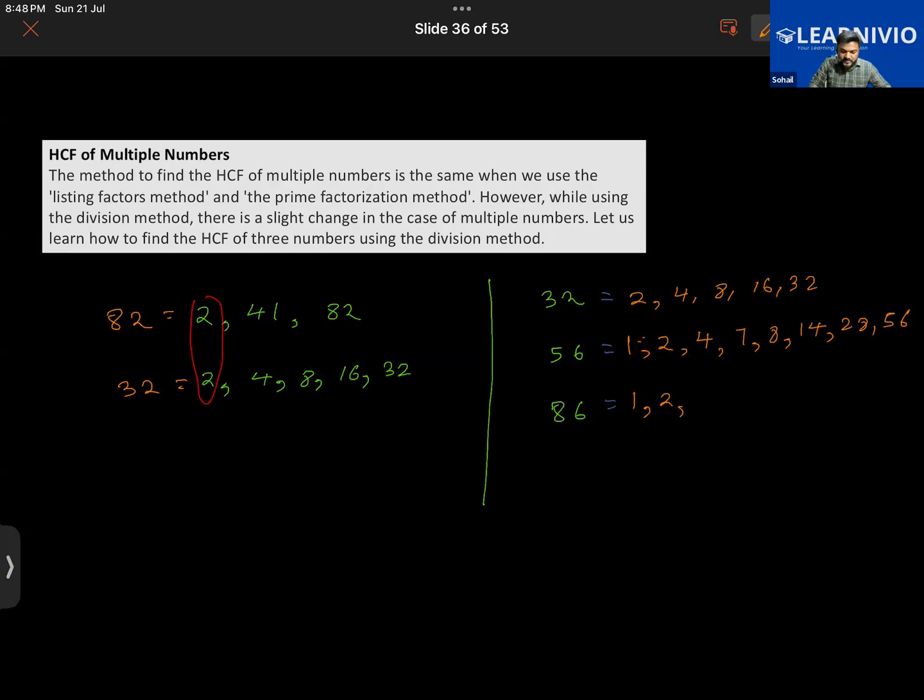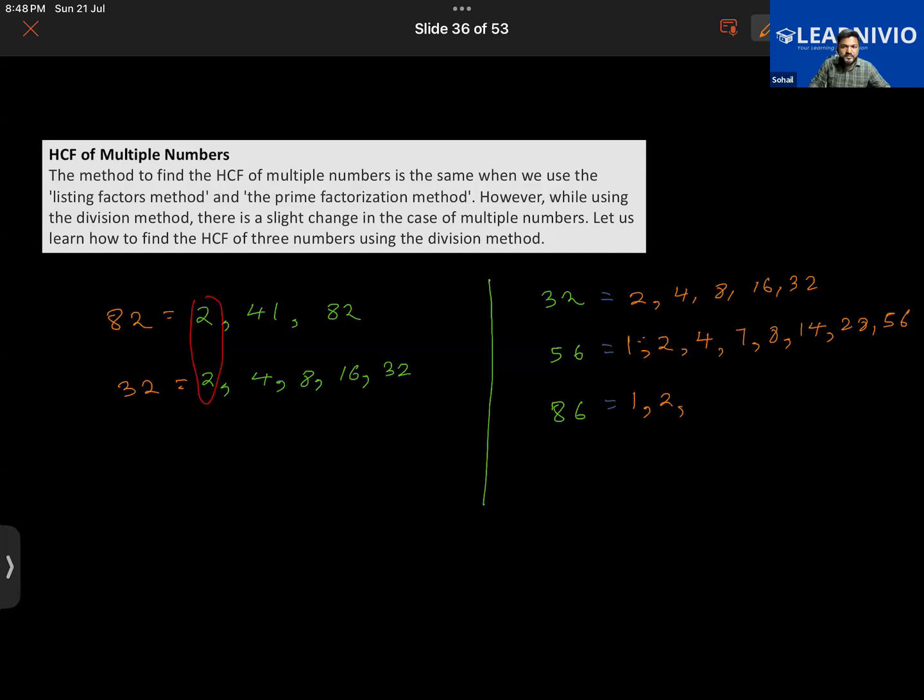Write down the factors of 86. One is a factor, two is a factor, and then which is the next factor? Is 3 a factor of 86? No. 4? I guess yes.